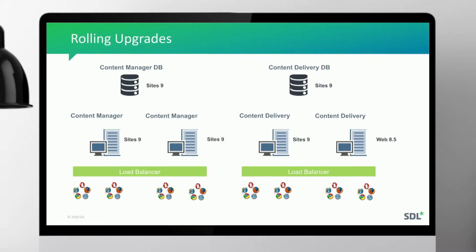You could start with, okay, I'm going to upgrade the discovery service first, and the content service next. So you could have a system where the discovery service is 9, but the content service is still 8.5, and it's still serving your end web application. Once you are happy, at one point all of these would be upgraded to 9, and hopefully you will have zero downtime on this entire upgrade process.